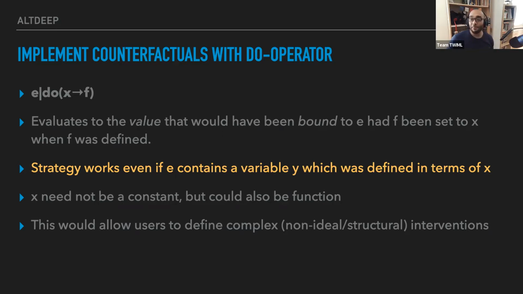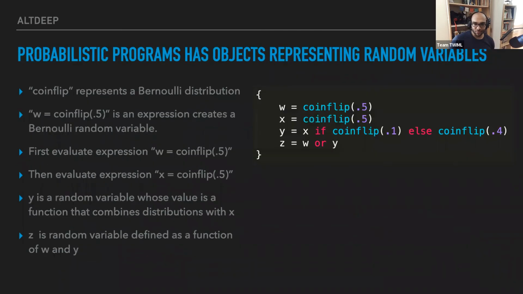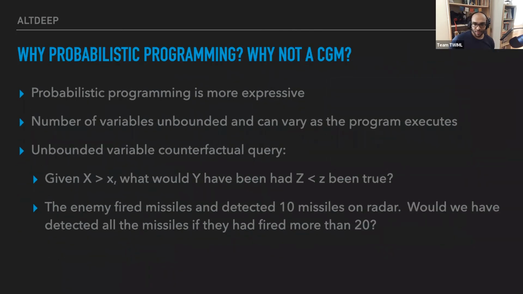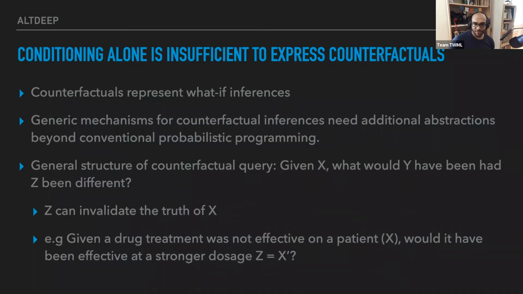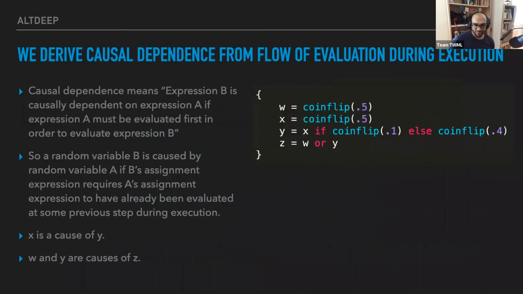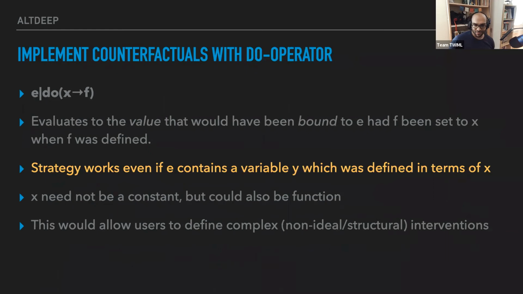I'm guessing this because the language is ambiguous, but I think it has to do with this example we had, where Z can invalidate the truth of X, if Y is defined in terms of X. Okay, so is it just saying that recursion is basically allowed?